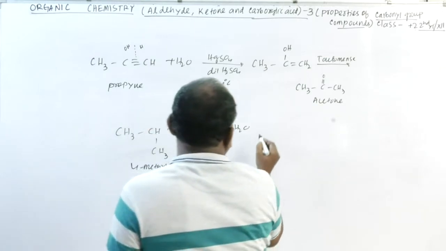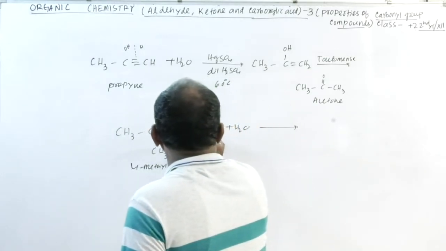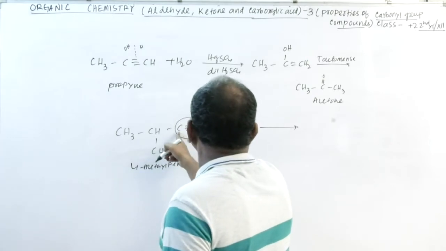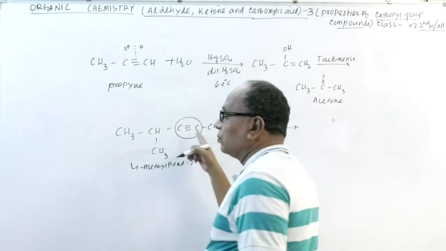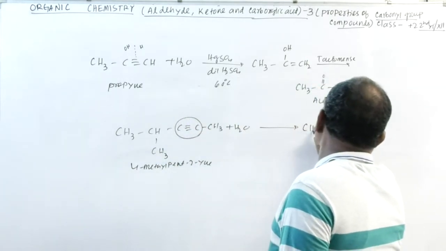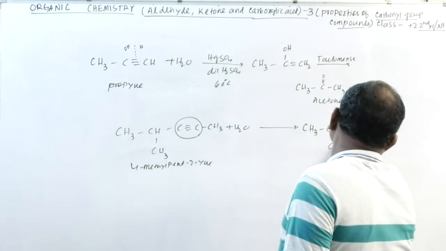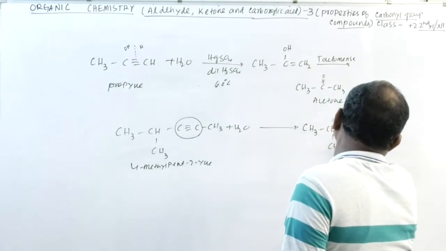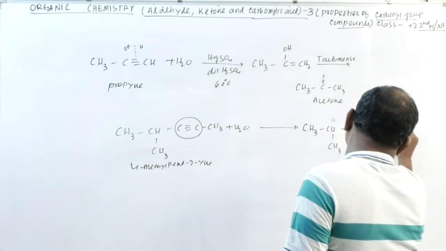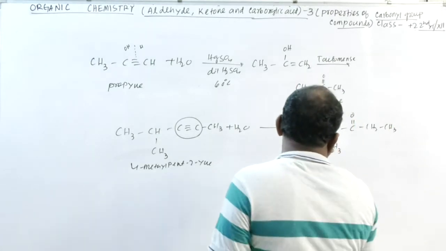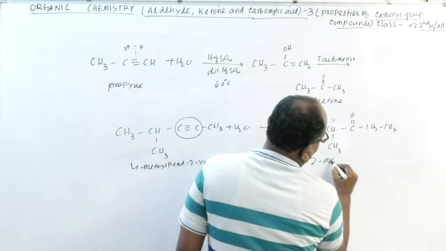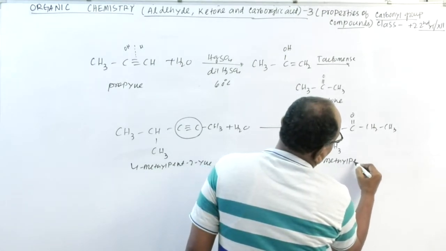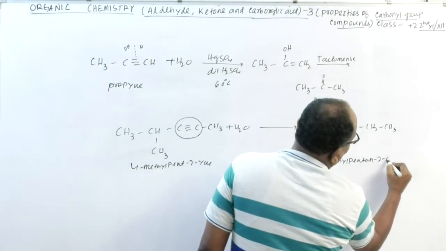This is hydrolyzed. You see, this part will be converted into CO and CH2. This becomes CH3CH(CH3)C(=O)CH2CH3. What is the name of this compound? This compound is 2-methylpentan-3-one.